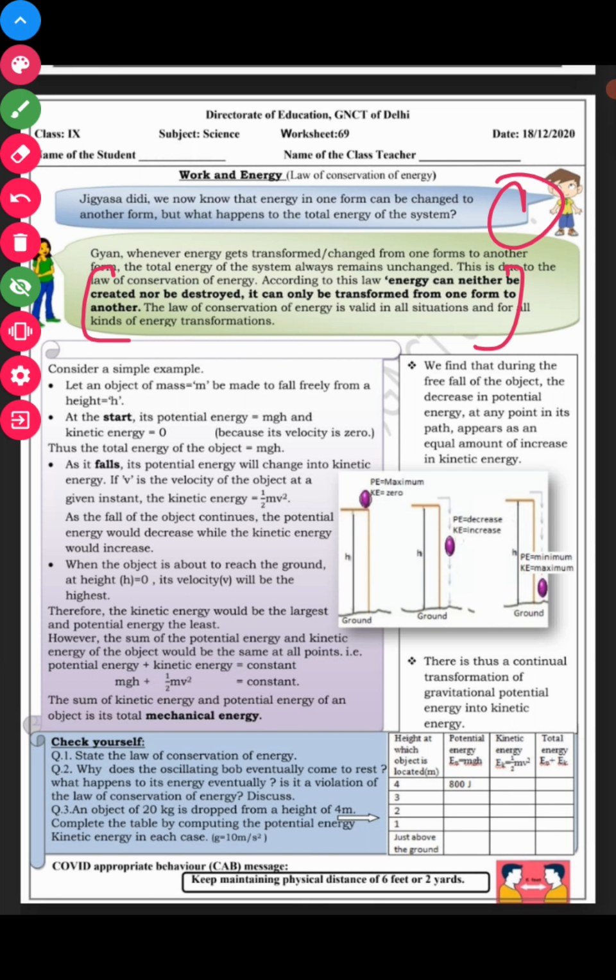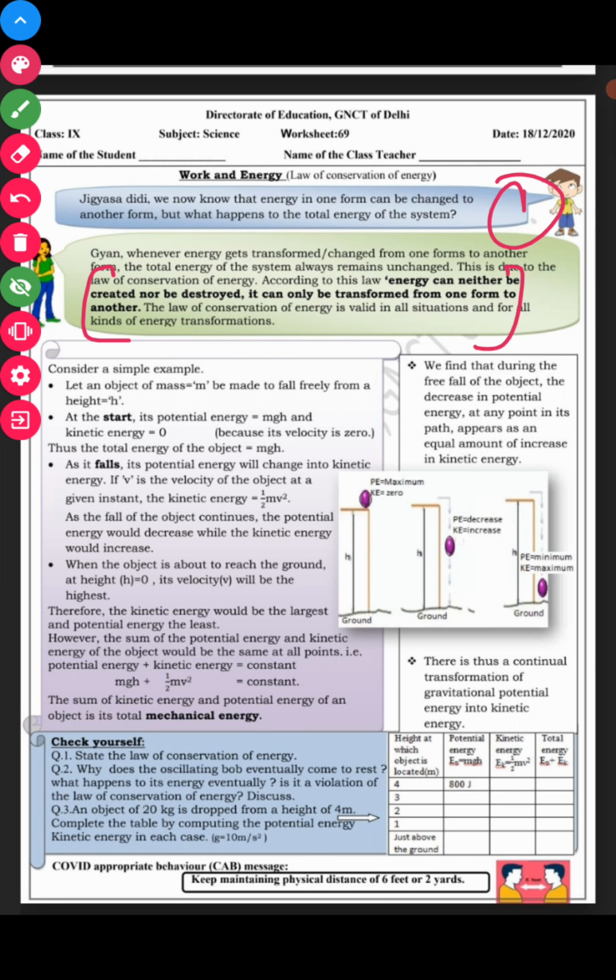As the energy decreases, the speed of the bob becomes slow and it comes to a stop. The total energy remains the same. There is no violation of the law.